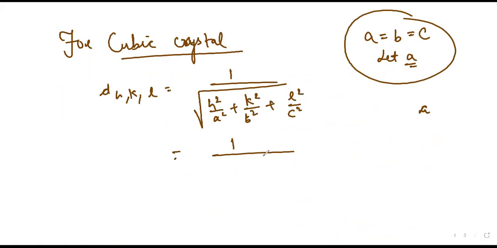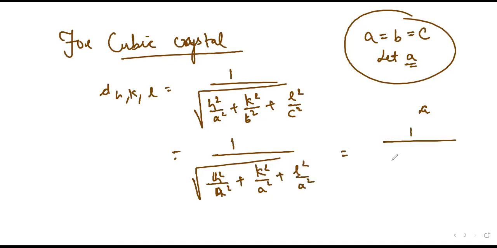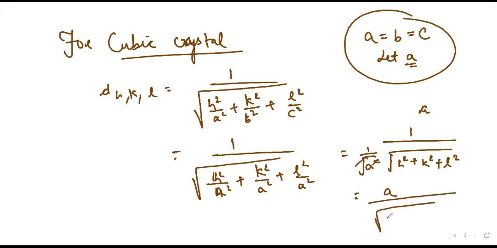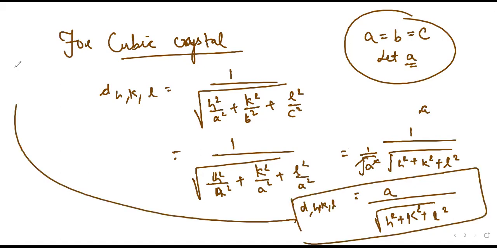When we substitute, we have h square over a square plus k square over a square plus l square over a square. Here I am taking a square out. What we have is h square plus k square plus l square, and here I am taking a square out of the root. So I get the new formula, d equals a over the square root of h square plus k square plus l square. That is basically the interplanar spacing formula for a cubic crystal.